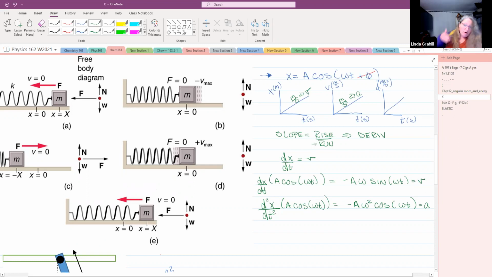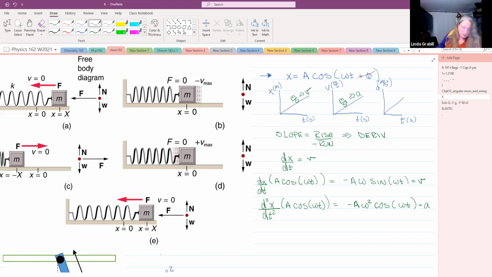So if I know my omega, I can solve for amplitude. I can solve for what we call the phase velocity, or I can solve for the acceleration. That's nice.